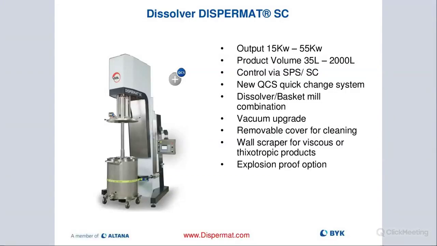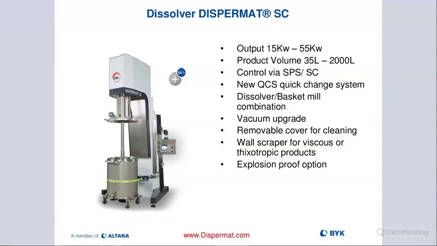So you're not only buying a dissolver, you can also future-proof the unit by getting the DL shaft, which is the quick change system, and also utilize it as a basket mill in the future. So you do not need to buy an extra machine to mill your material, which makes it really efficient. And from a maintenance perspective, it's easy to handle because I have one machine rather than two machines that do different things. I can do everything on one machine.